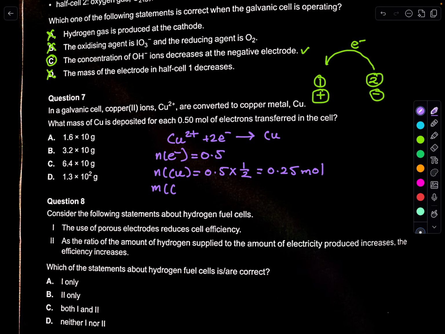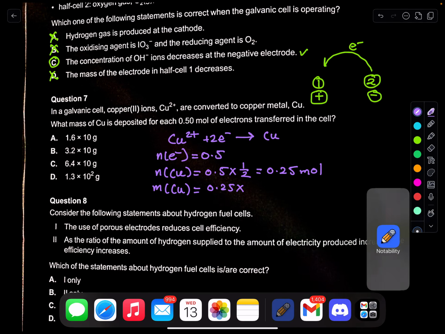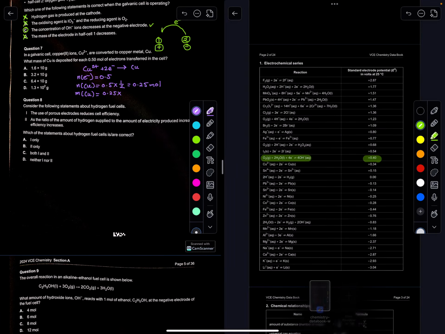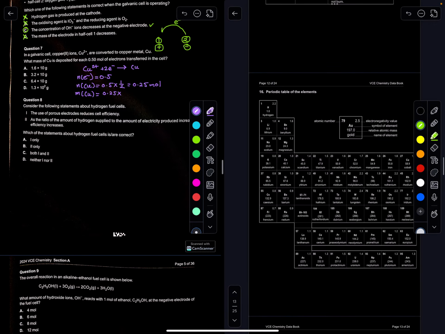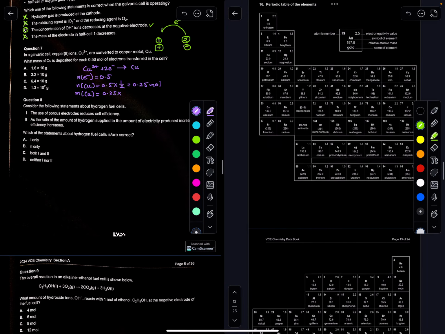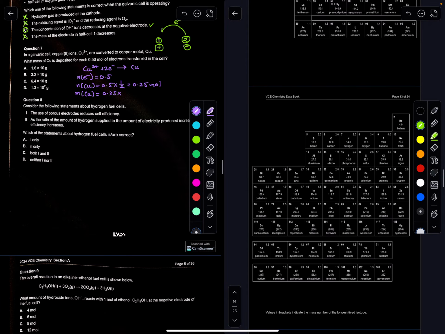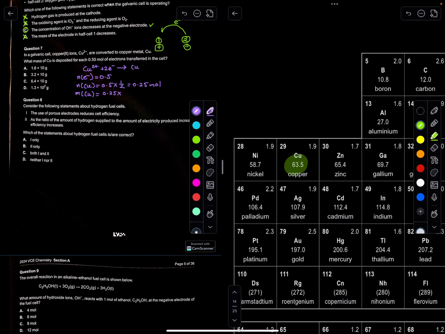And we want the mass of this copper, which is 0.25 times the molar mass, which I don't know. What is the copper molar mass? Let's find that out. Copper's right over here.